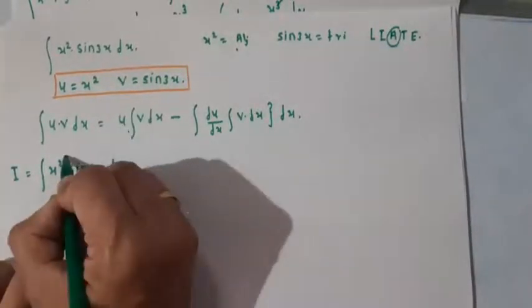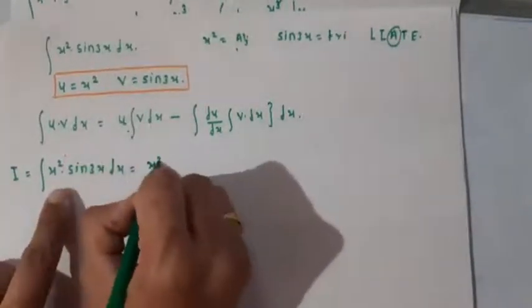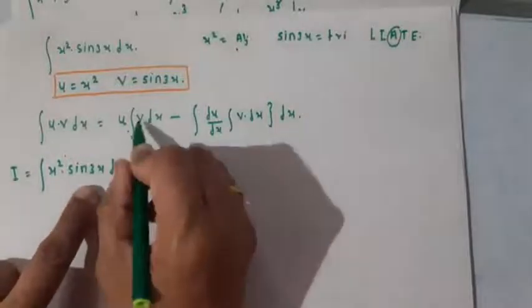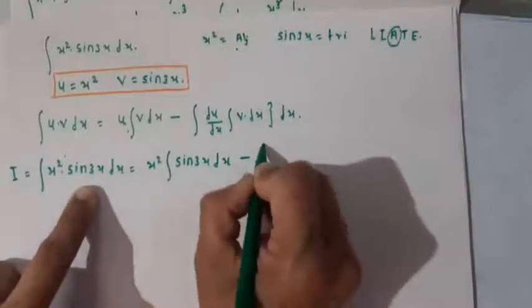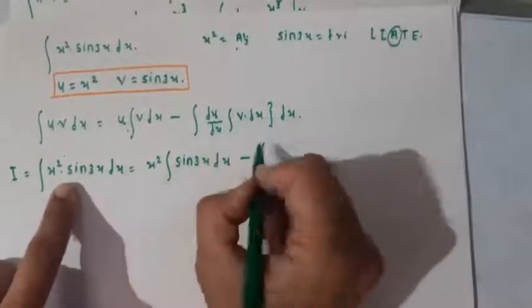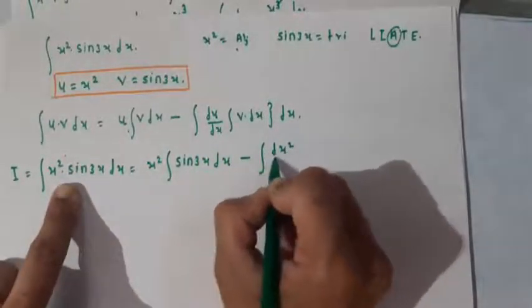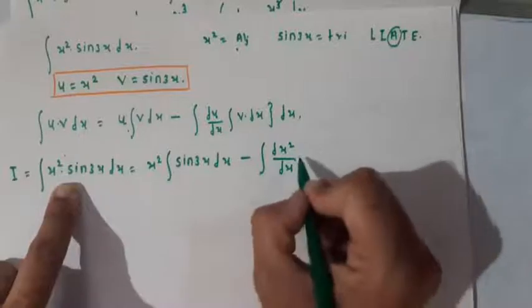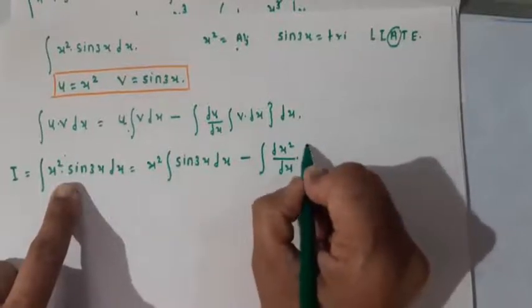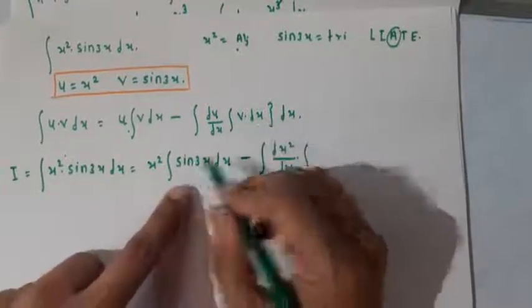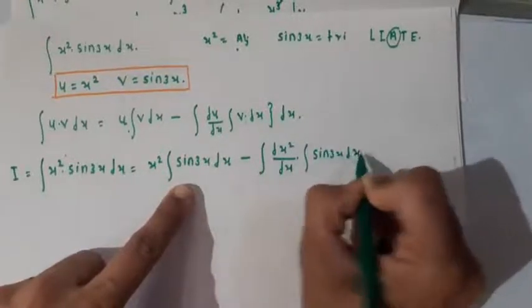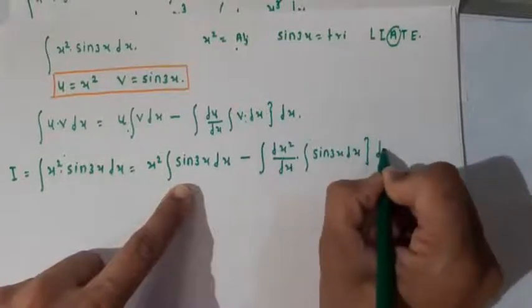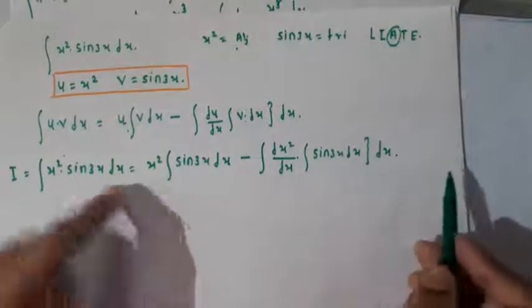So u is x square. So x square outside, integration of v is sin of 3x, that is integration of sin of 3x with respect to x, minus differentiation of u, that is differentiation of x square with respect to x, into integration of v means sin of 3x with respect to x, and whatever is the calculation, again take its integration as a whole.